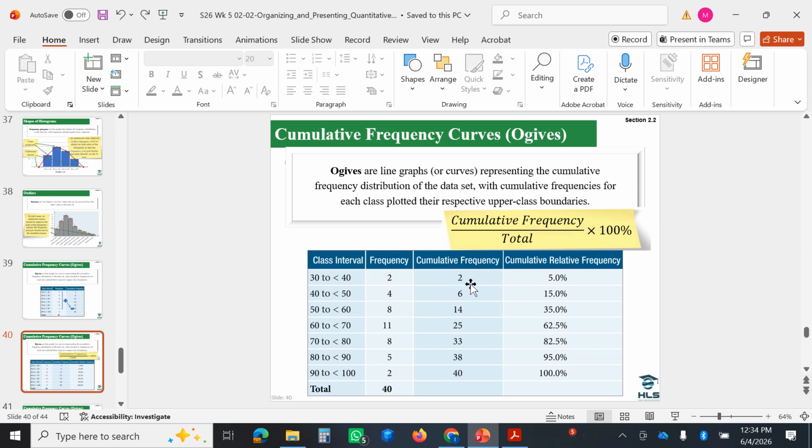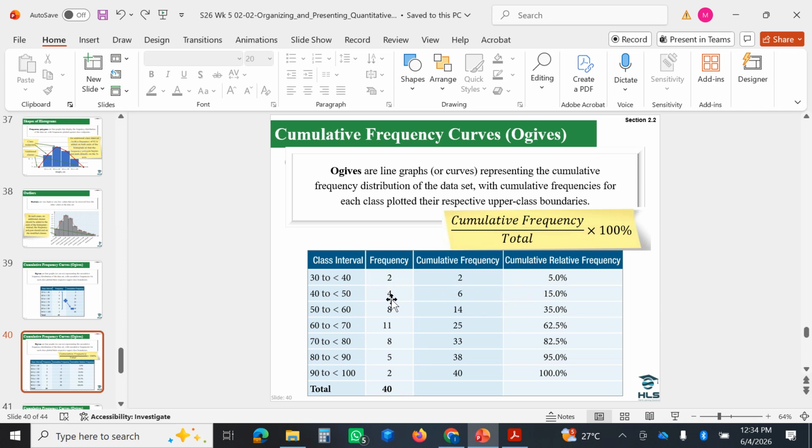There's your cumulative frequency there that we just looked at. Cumulative relative frequency, right? 2 divided by 40 is 5%, right? 2 divided by 40 is 0.05 times 100 gives you 5%, right? And then 6 divided by 40, okay, is 10%.